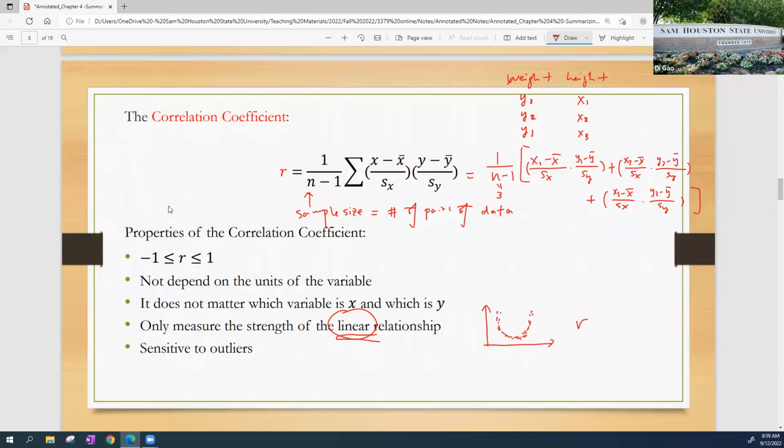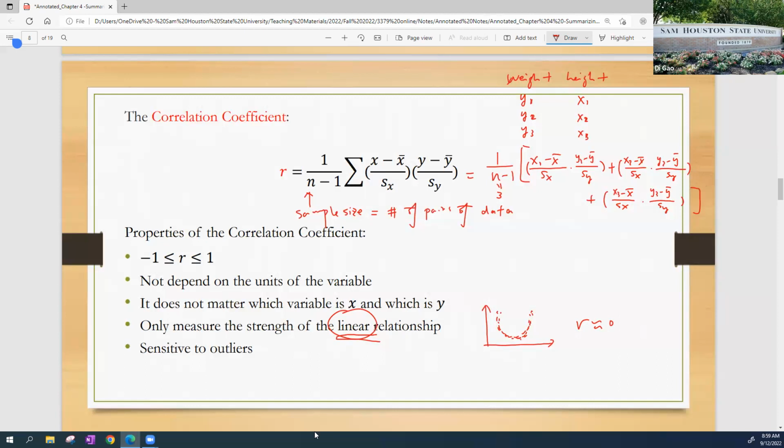If we calculate R, it could be close to 0, which means there's no linear relationship, but that doesn't mean there's no relationship. So it doesn't measure how strong the relationship is, it's just whether it is a linear relationship.